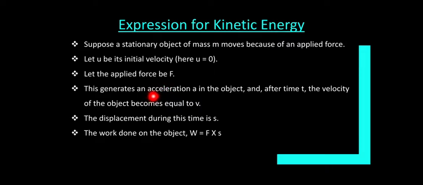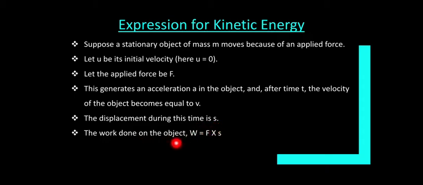Now this generates an acceleration a in the object, and after time t, the velocity of the object becomes equal to v, because now there is a change in the velocity. Initially it was 0, now it becomes v. So v is your final velocity. The displacement during this time is s.